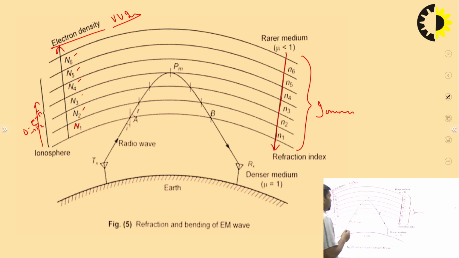By using Snell's law, if N1 is here and N2 is here, where N1 is greater than N2, this is the incident wave, and the refracted wave is bent away from the perpendicular. So if we transmit a sky wave from the Earth, it is bent in that particular layer and reflected back to the receiver side.